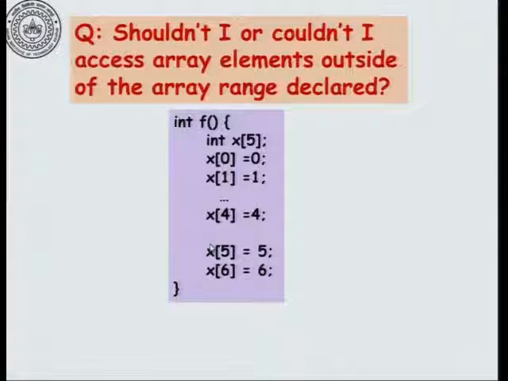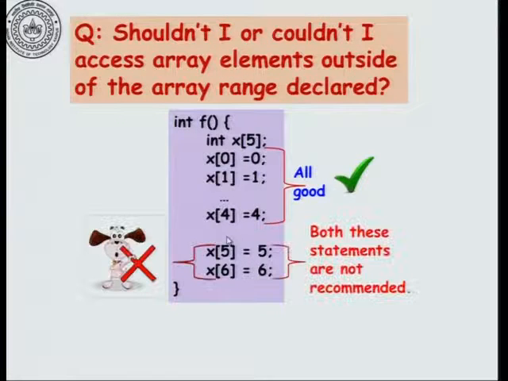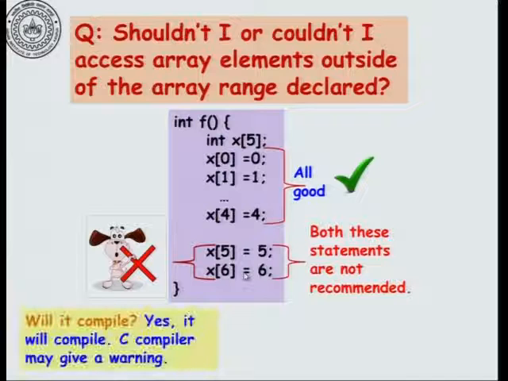But the problem comes with statements like x of 5 equal to 5 or x of 6 equal to 6. 5 and 6 do not refer to valid locations in the array. So what will happen? Okay. So the initial statements up to x of 4 are all fine, but the last two statements, x of 5 equal to 5, x of 6 equal to 6, lead to errors.